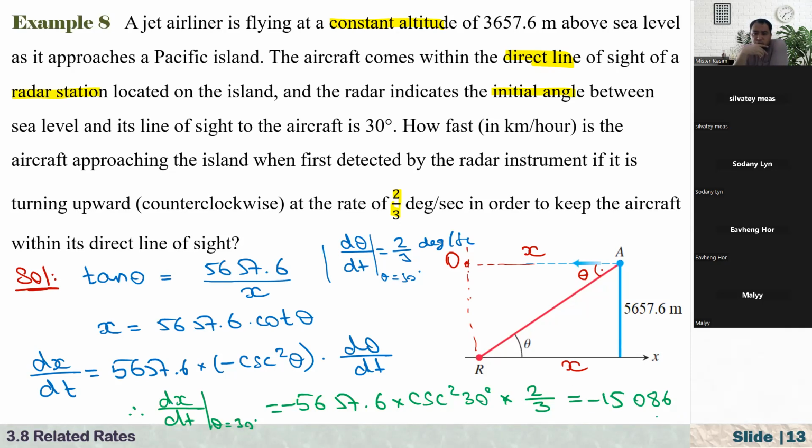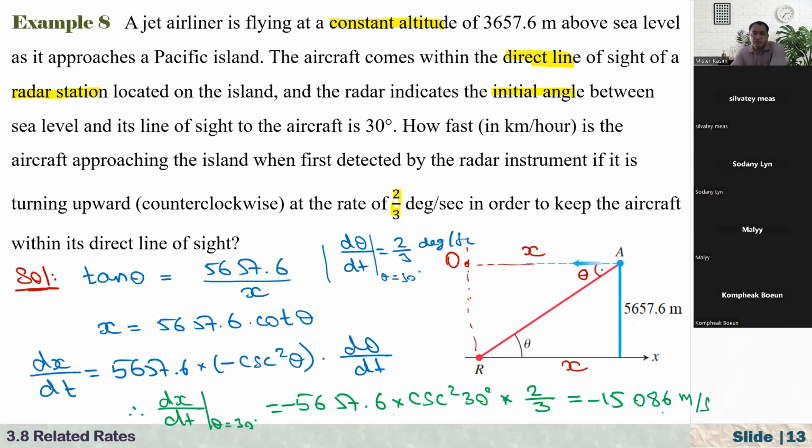This one is in meters per second, because the height is given in meters.